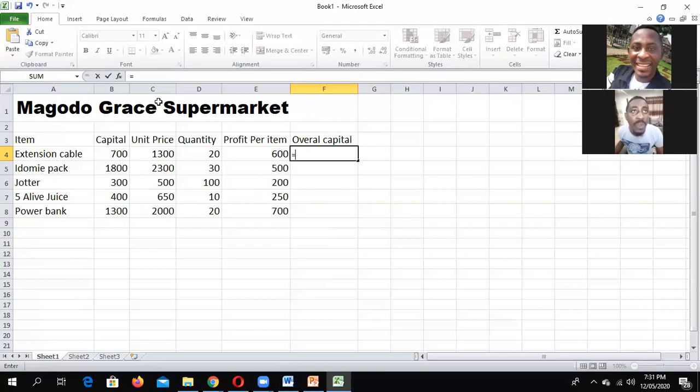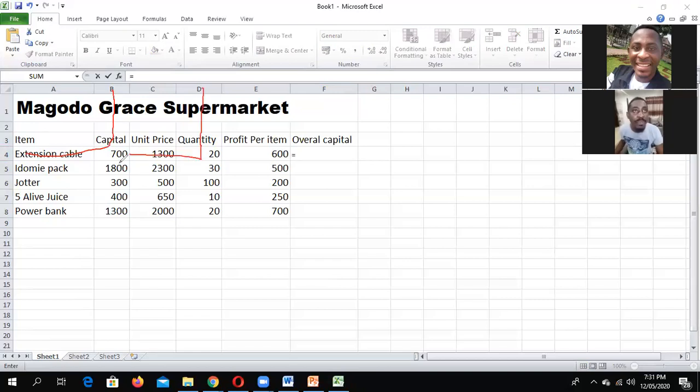this time around, we would multiply the capital, B4 times D4.